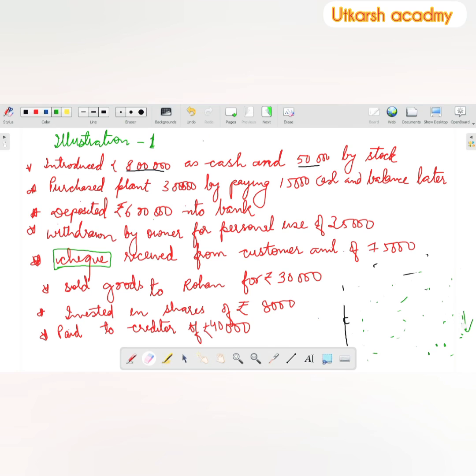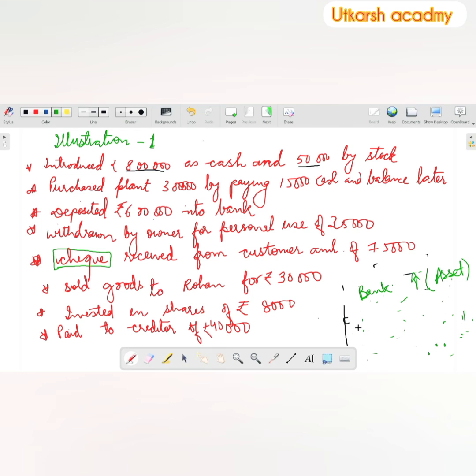So what will happen? Check received from the customer of amount 75,000. So check means bank. Bank will increase and bank is on the asset side.